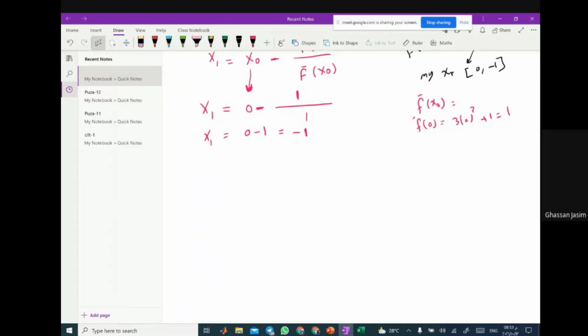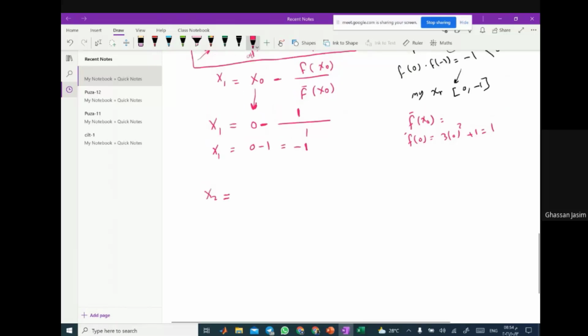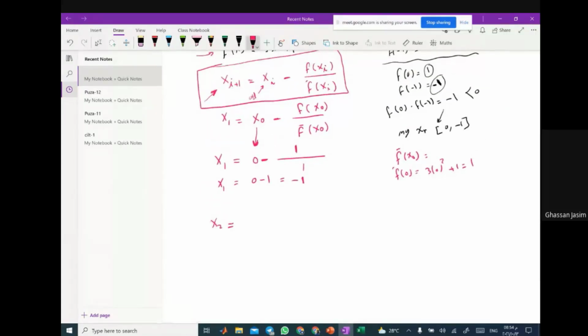Now x2 equals what? Who can tell me? Students, we found x1, which equals minus 1. Now we need to find x2. It is not x1 minus 1.